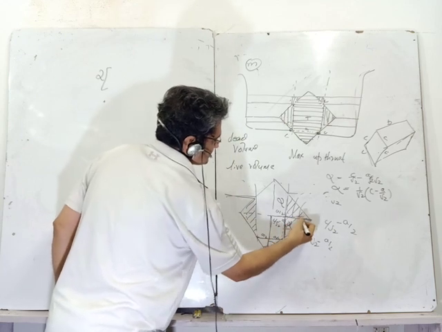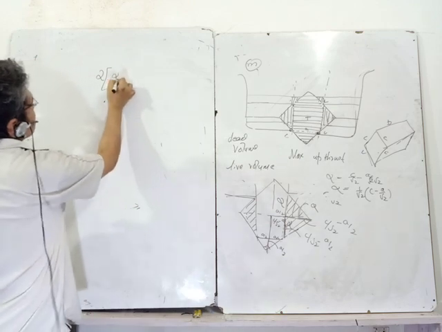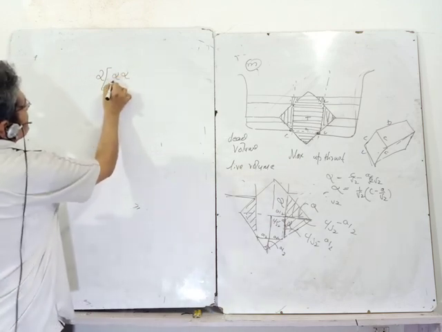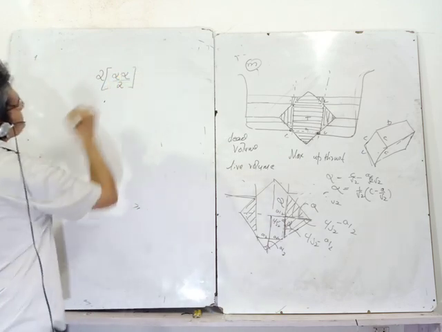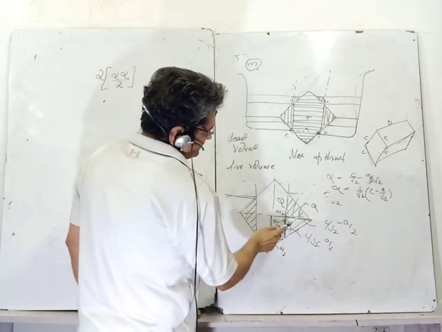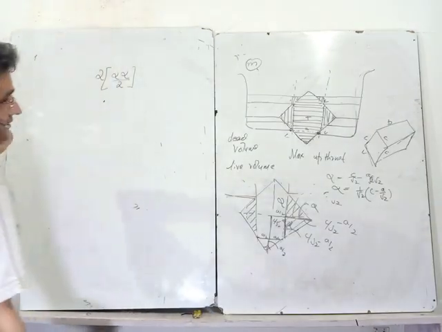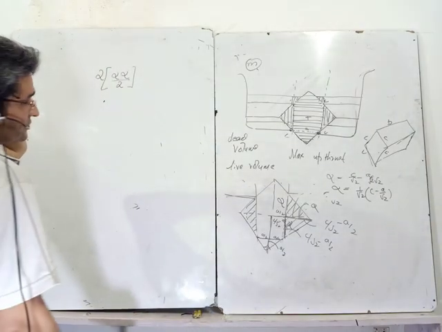Simple arithmetic, nothing more. Half base is alpha and height is alpha upon 2. So it becomes half base, alpha, into alpha upon 2, and twice of that.